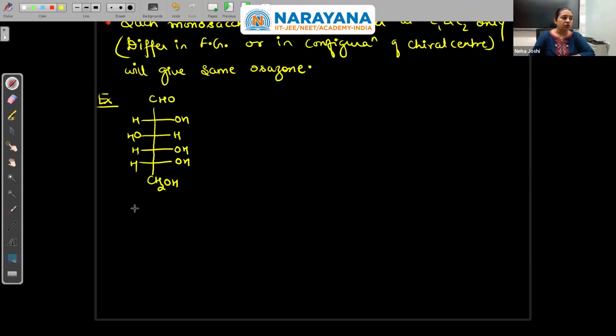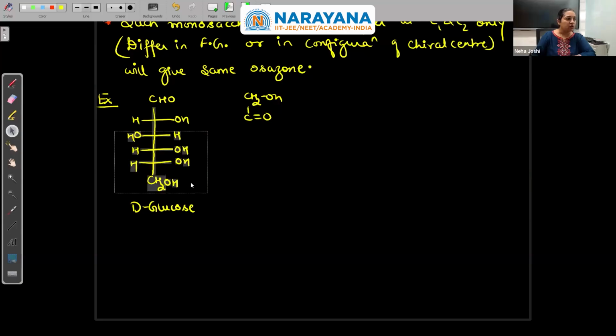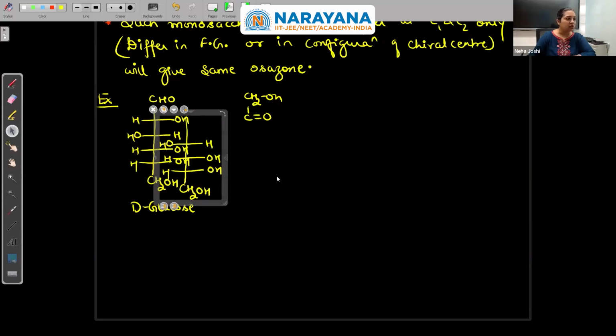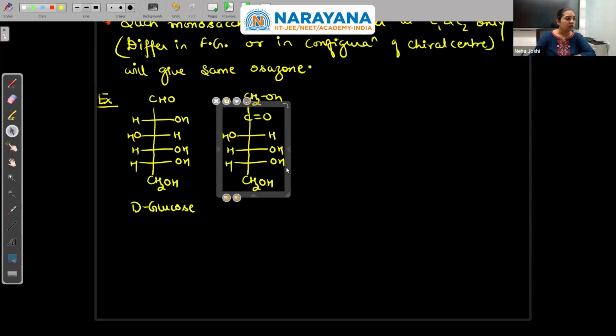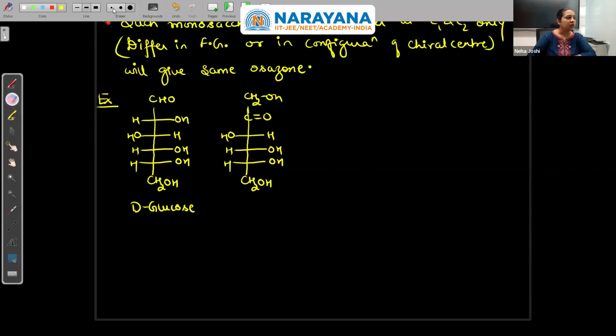So this is D-glucose, an aldohexose. If I draw D-fructose, only the first two carbons change and the rest is just a repeat.